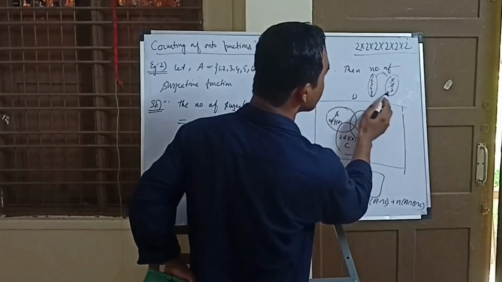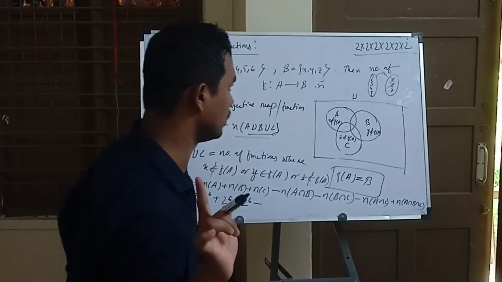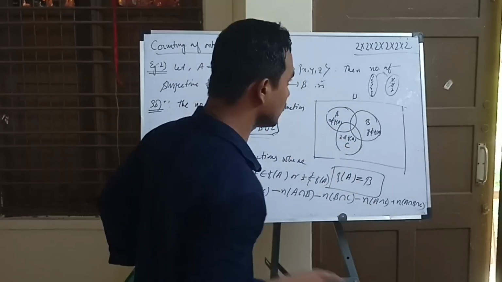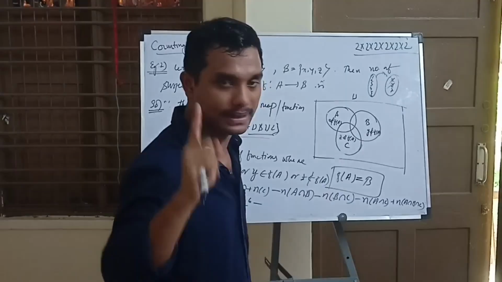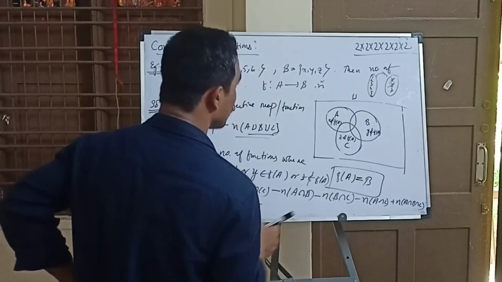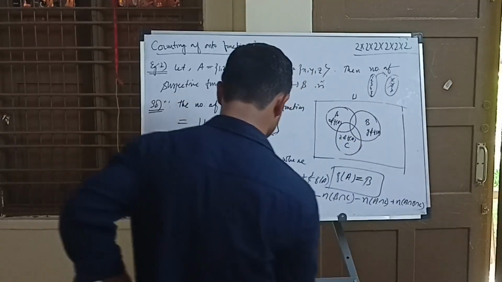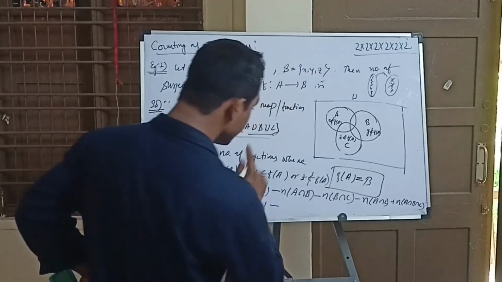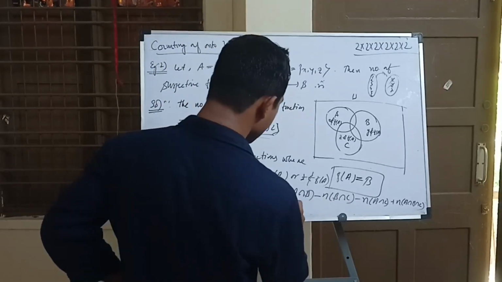The only possible image is what? Z. Only one possible image. F of 1 should be Z, f of 2 should be Z, up to f of 6 should be Z. That means this is a constant function. The number of constant functions is what? 1. Correct?